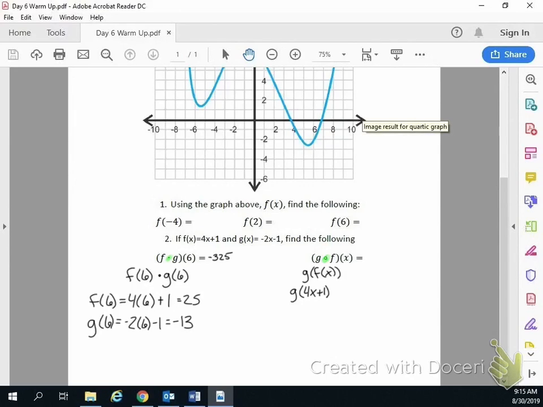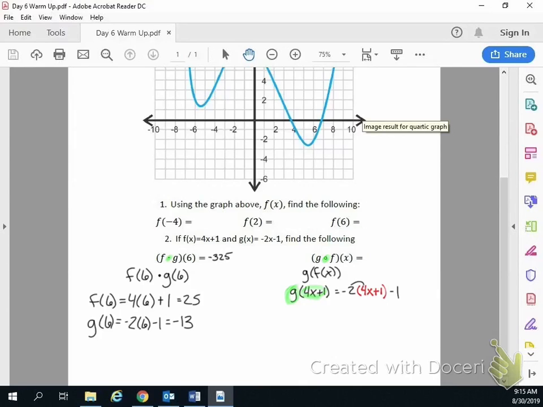Okay, I'm going to go to g of x and plug this in. So g of x, negative 2. There's my x, so that's where I'm going to substitute in. And then minus 1. And then from there I'll just simplify.